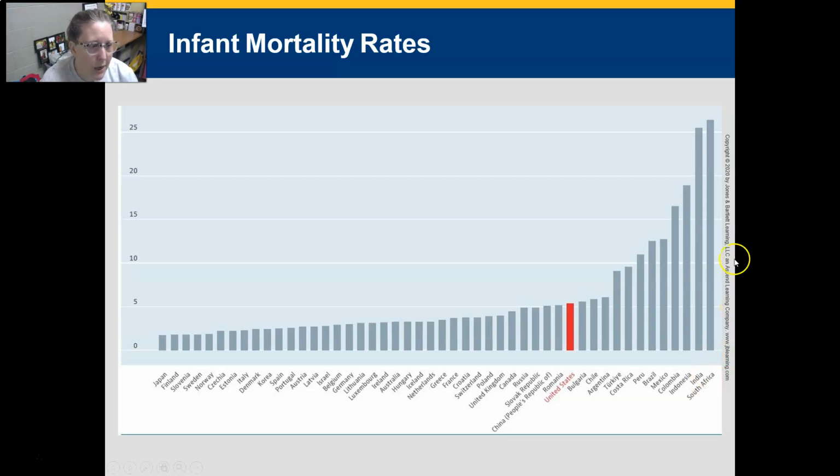Some of the ones with the highest infant mortality are India, South Africa, and even Mexico. But of course, there are countries like Japan and Finland, Sweden, Norway that also do excellent. Here, their infant mortality rates are really, really low. And if we look even to the UK and Canada, also Australia, they also do better than the United States, even though our rates are pretty good.